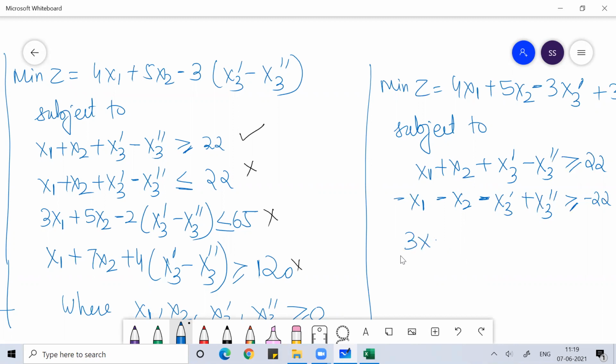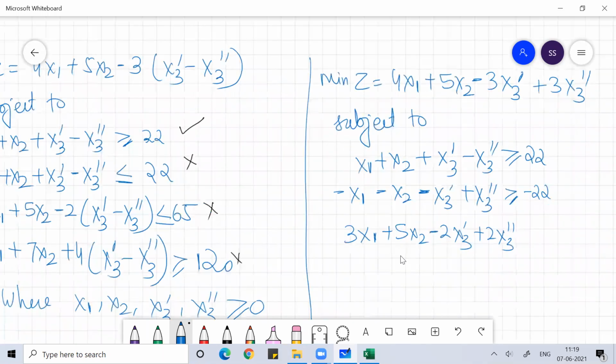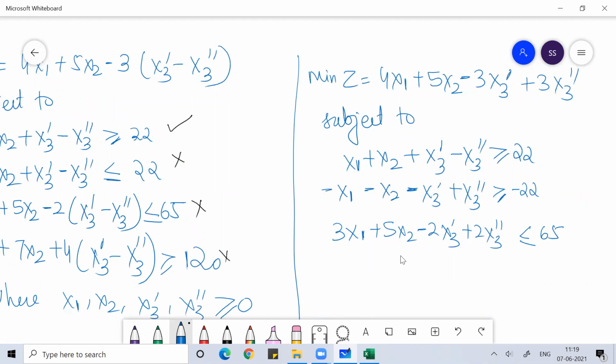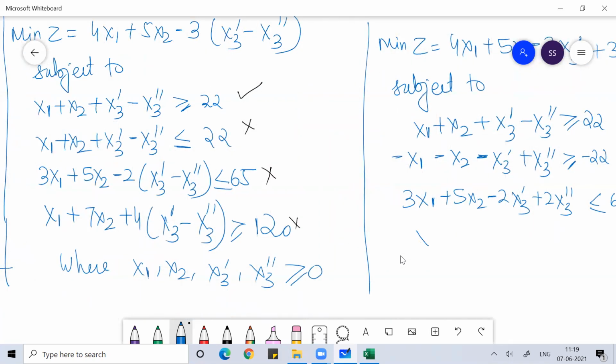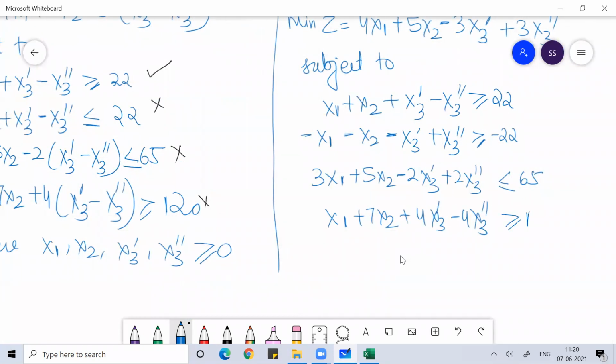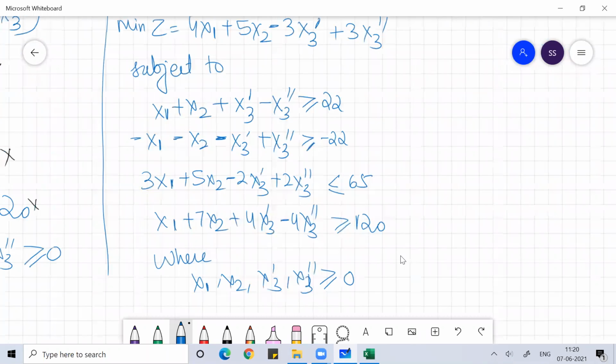This is 3x1 plus 5x2 minus 2x3 dash plus 2x3 double dash, this is less than or equal to 65. I'll convert in next part. This would be x1 plus 7x2 plus 4x3 dash minus 4x3 double dash is greater than or equal to 120, where x1, x2, x3 dash, x3 double dash is greater than or equal to 0.